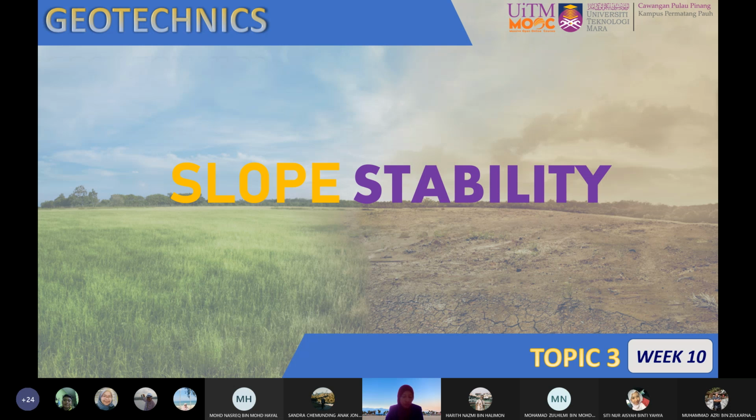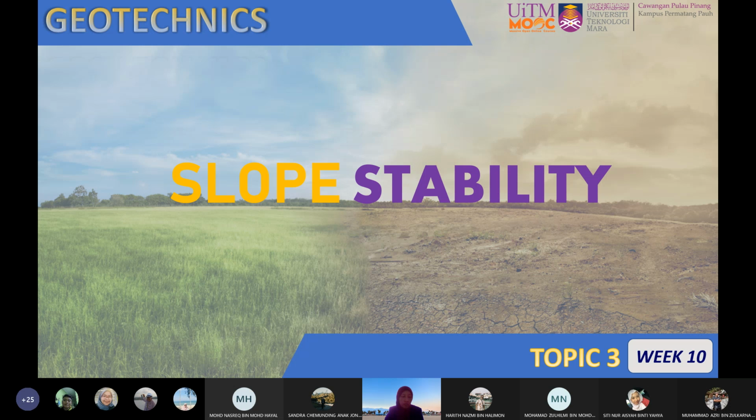Slope failure is very catastrophic, and it can cause loss of life and also damage to structures and buildings. As you can see in the earlier slides of my topic 3 presentation, I showed you that in our past history we had the landslide in Bukit Antarabangsa and the rock falls at Bukit Lanchang. If you think about this, we can relate these situations to the repairing works, the maintenance, how to repair the slope failure, and also the cost, the budget, and the duration to complete the repair process.